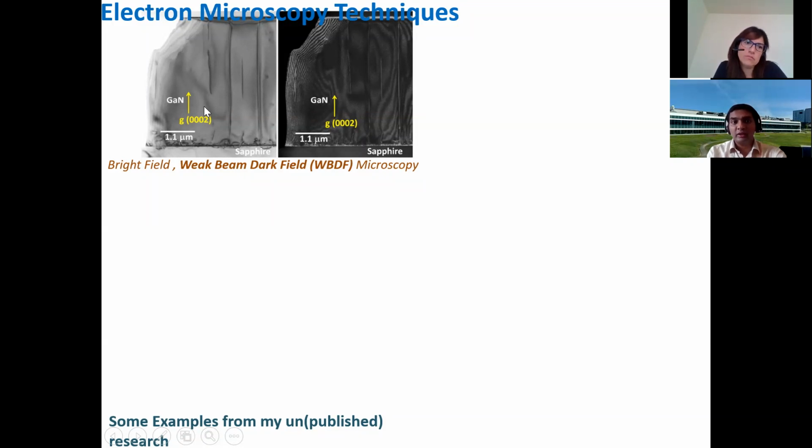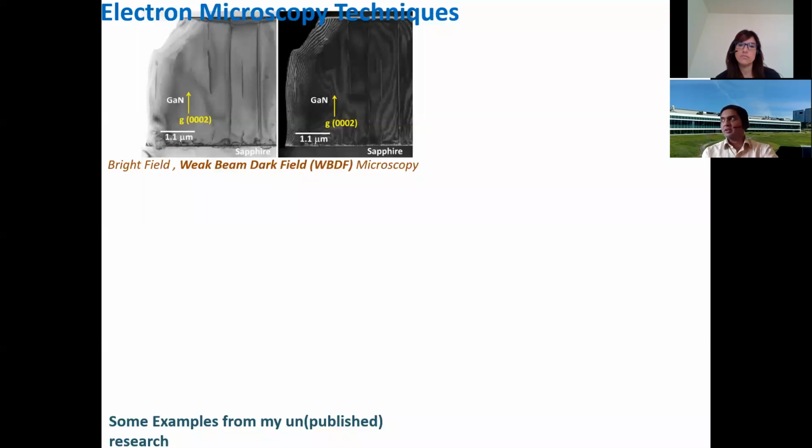These are showing two different modes of imaging. One is the bright field and one is the weak beam. In the imaging technique, in bright field we are basically using the transmitted beam for imaging, and in the weak beam we are using the diffracted beam.